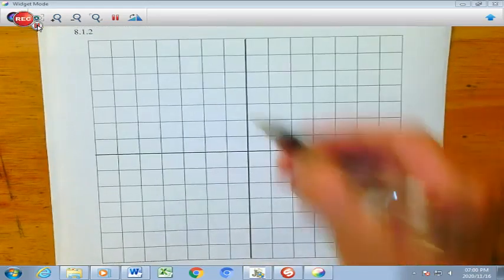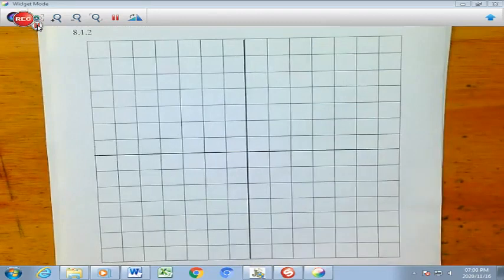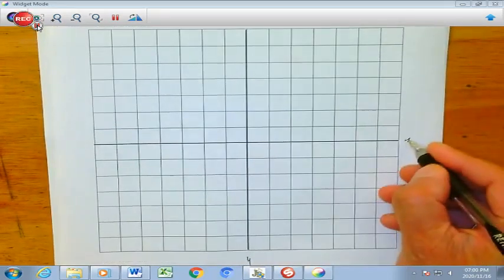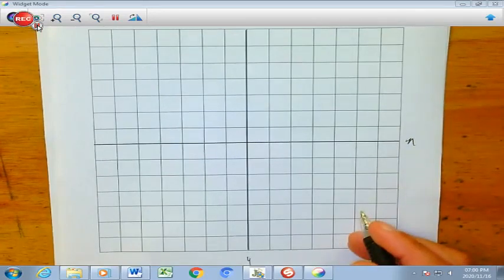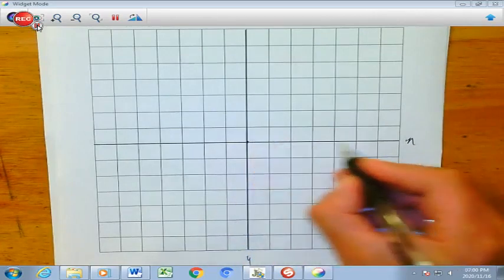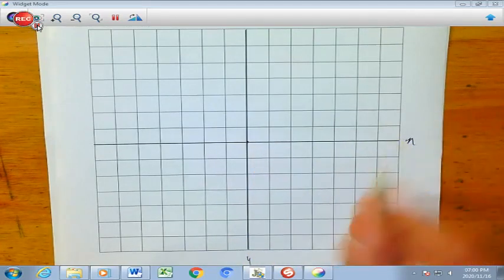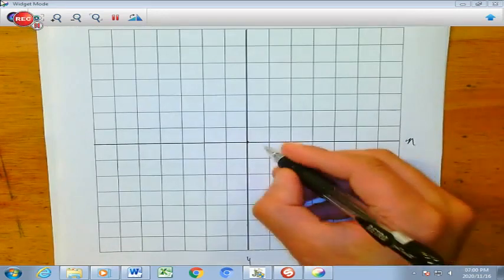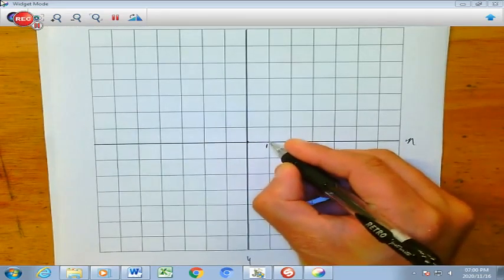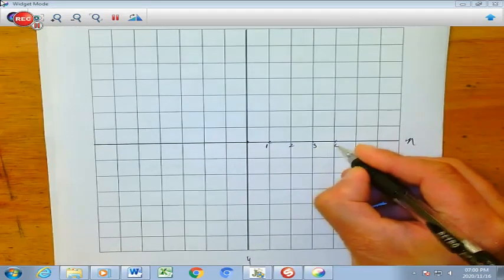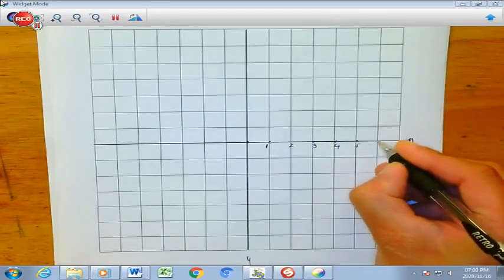Now remember, there's a thick line here which represents your y-axis like that, and your x-axis like that. That point there is 0. So you're going to have positive numbers to this side. So you can use perhaps positive 1 here, which is that there, positive 2, positive 3, 4, 5, 6.